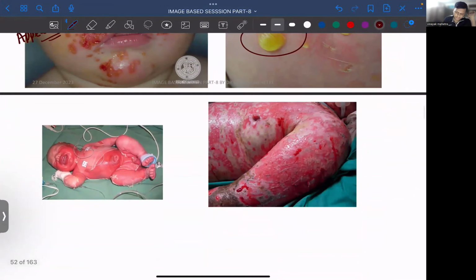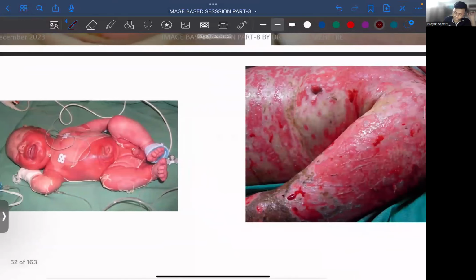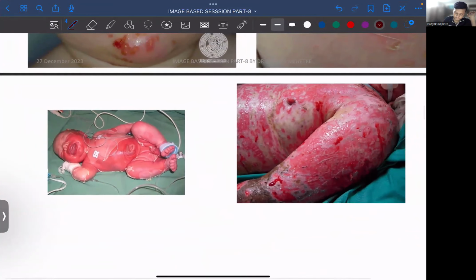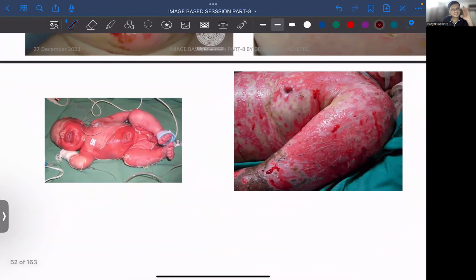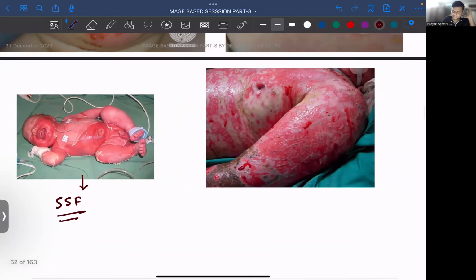Now take a look over here and take a look over here. Okay, a child with redness on his full body. Okay, what I'm saying? Redness on his full body will be called as Staphylococcal scalded skin syndrome. Okay, a young adult, a young adult.